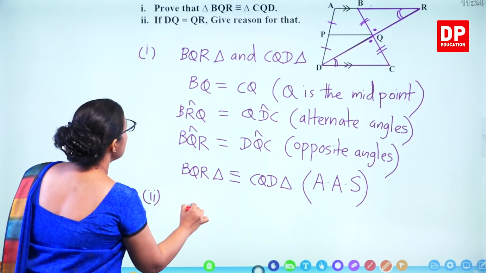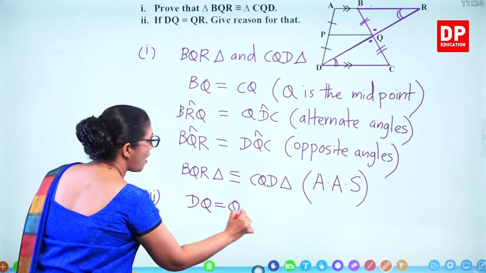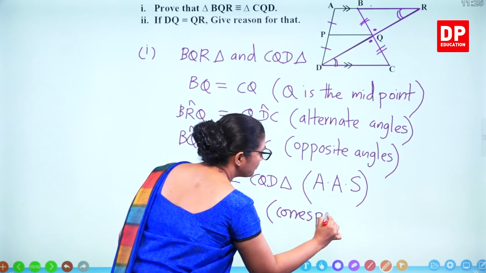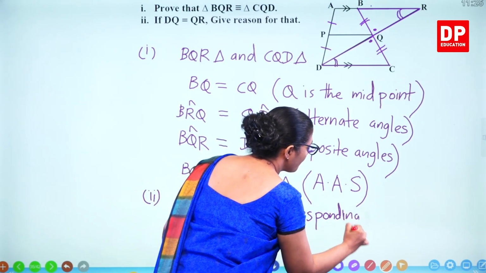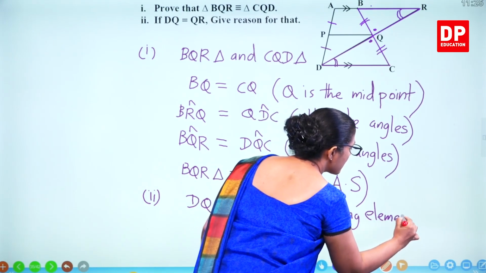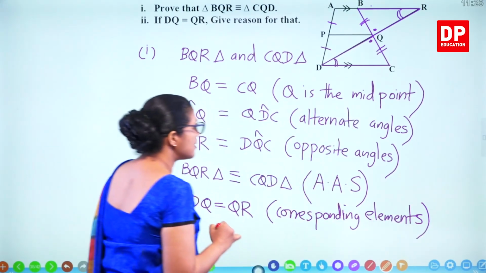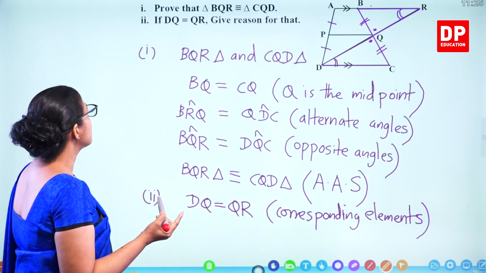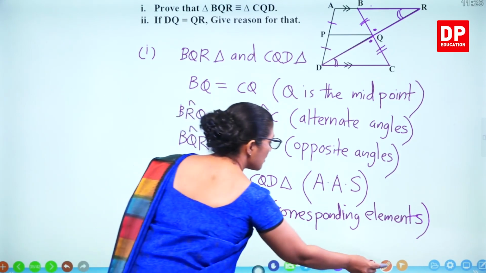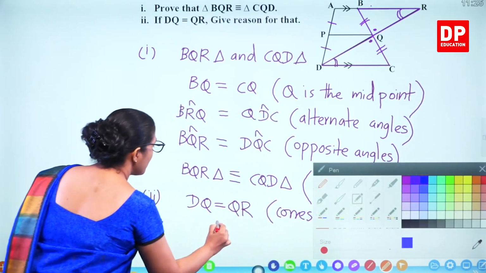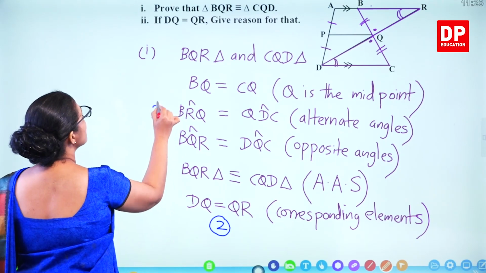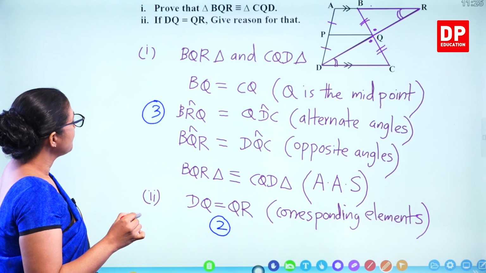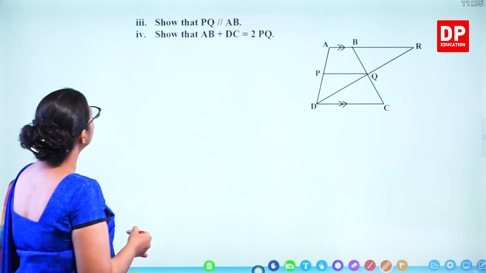So we can say DQ is equal to QR because of corresponding elements of the congruent triangles. So that's equal. So that's just 2 marks we can give for this step and 3 marks for proving that's congruent. And we'll see the next 2 parts.